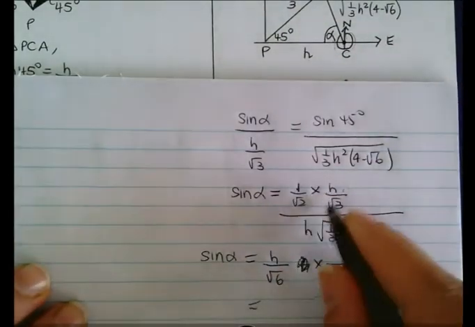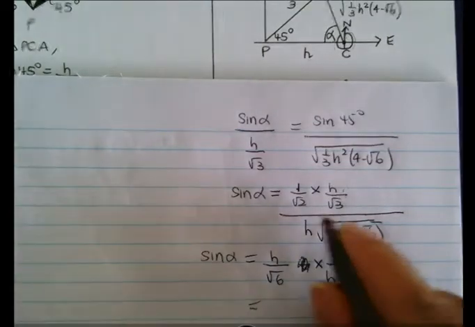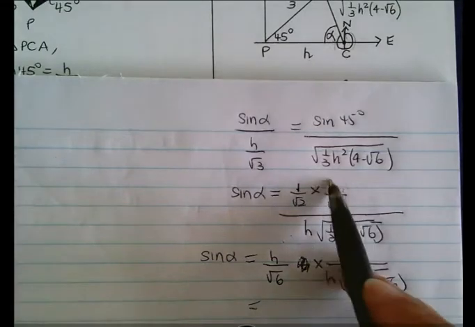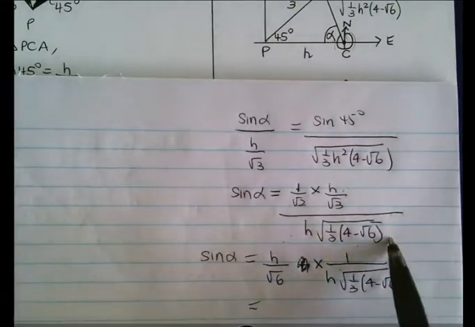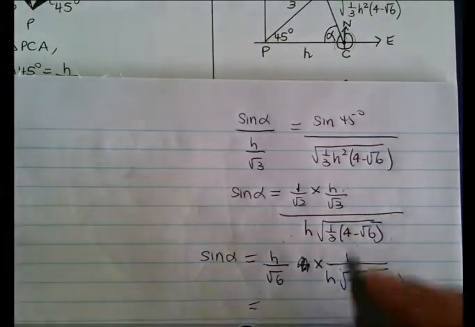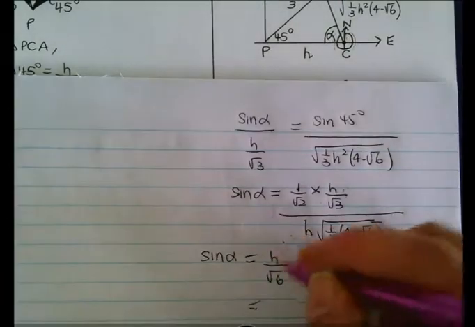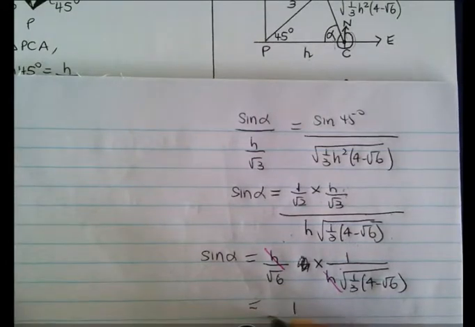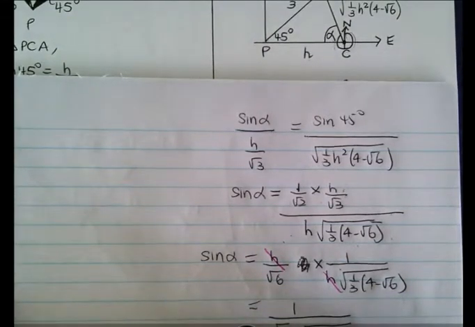Now, when you've got a fraction over that bottom bit of the fraction, that root 6 ends up sitting down here next to that. Because it's H over root 6 divided by this, which is times 1 over the denominator. Now, look at the H's, they cancel. Thank goodness. And now we've got 1 over root 6 times root of 1/3 of 4 minus root 6.